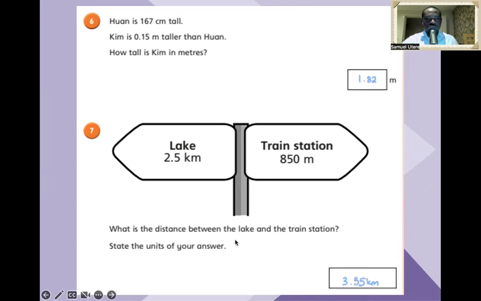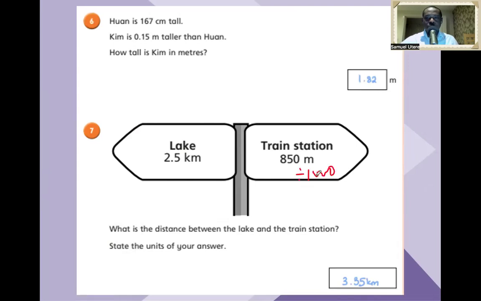Next, what is the distance between the lake and the train station? So you see the train station, lake is that way, train station is that way. We're going to have to convert that to kilometer before we add that to that. So it's a bit like adding. If you convert this to kilometer, you're going to divide by 1,000.